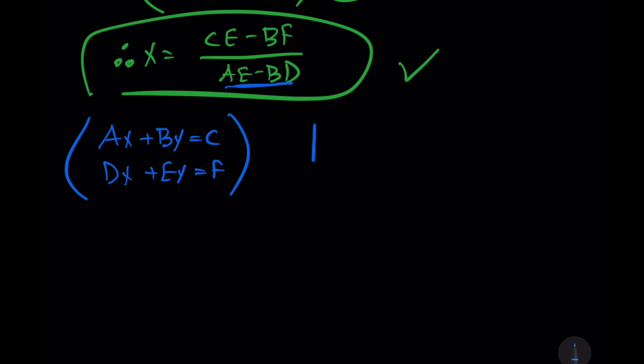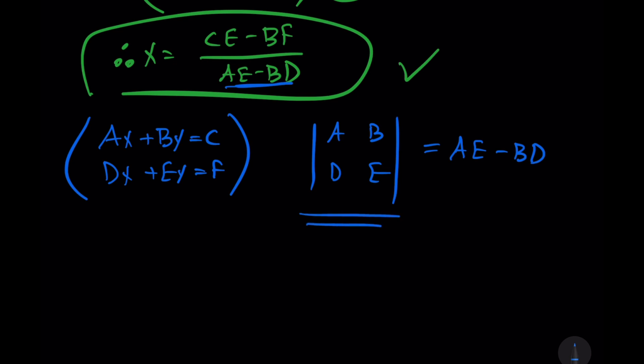If we think about the determinant of a, b, d, e, that's going to equal, if you know matrix algebra, ae minus bd. So the determinant of this here, in fact, is the denominator of both what y has to equal and what x has to equal, which is pretty interesting.